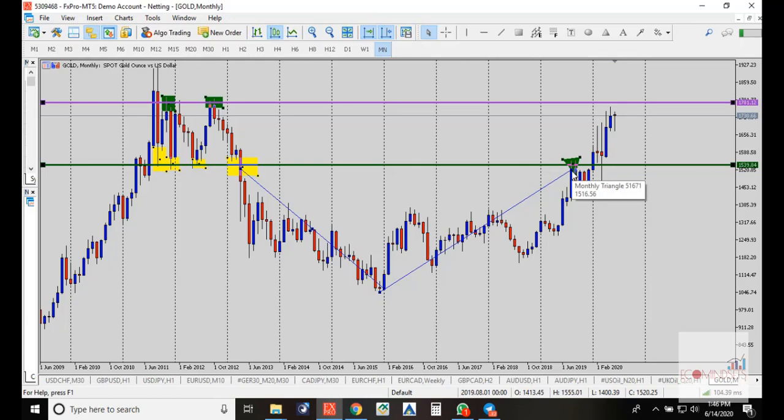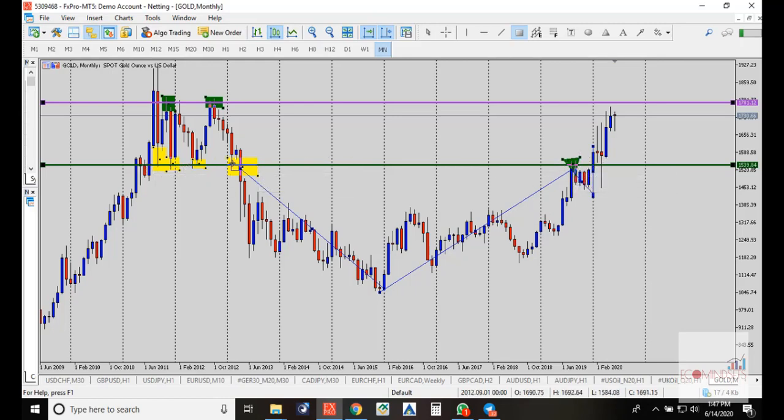What happened once price got to that level? There was a rejection. Price was rejected at this area before price finally closed above this line, meaning this has changed from the resistance that it was, back to support.